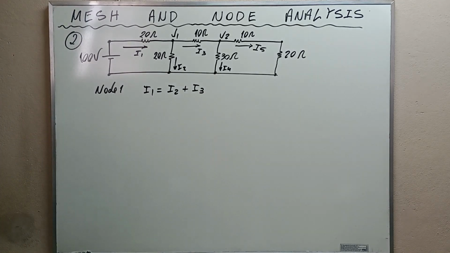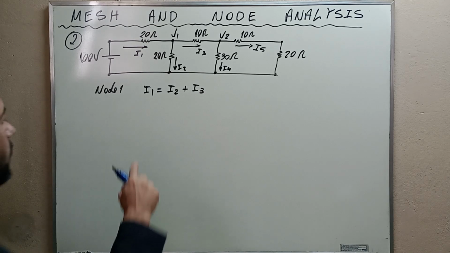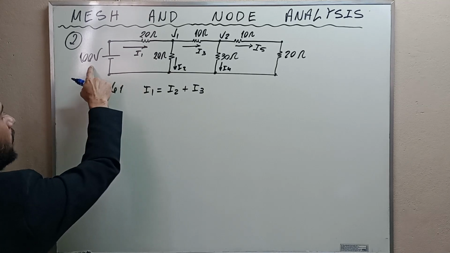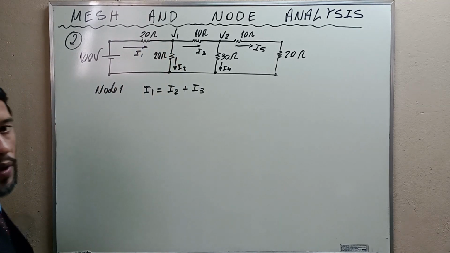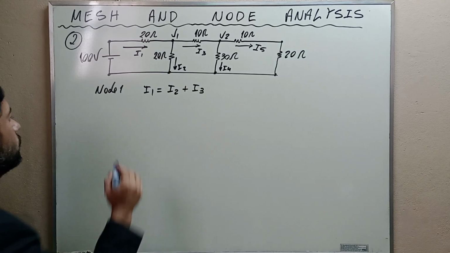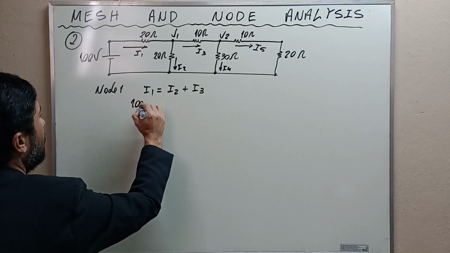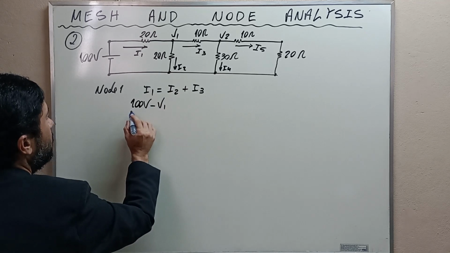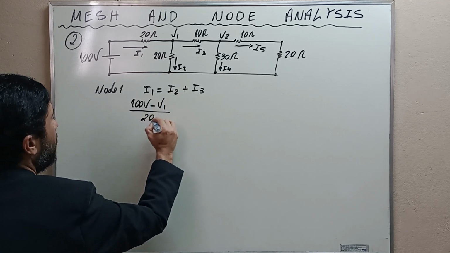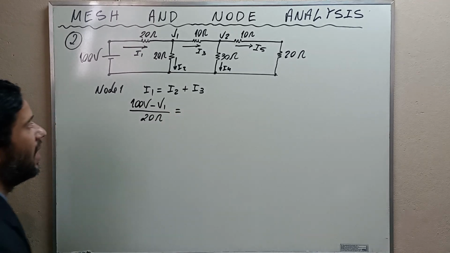And how can we write these currents in terms of voltage drops and resistances? We're going to do as follows. I1 is equal to 100 volts minus V1 divided by 20 ohms. This is I1.